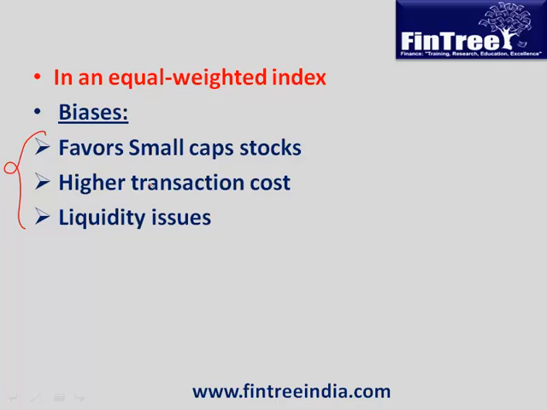You give equal weights, so L&T and maybe some small cap Kohinoor stock would have the same weight in the portfolio. Then higher transaction cost, because the most frequent rebalancing happens in equal weighted, as you have to ensure that the same amount is invested in every stock. And then liquidity issues. What if one of the stocks is not liquid and has lost value, you want to buy more, and it's not available in the market? So there could be liquidity issues in maintaining this kind of index.